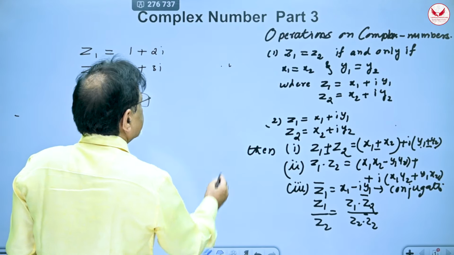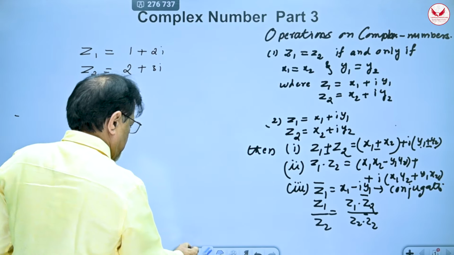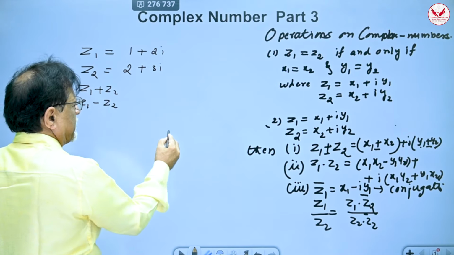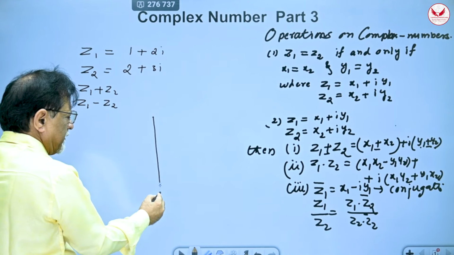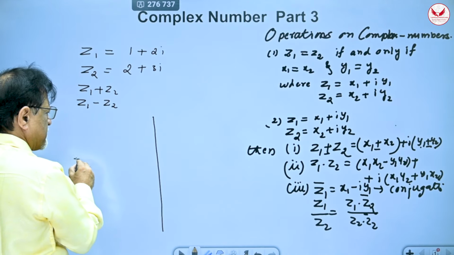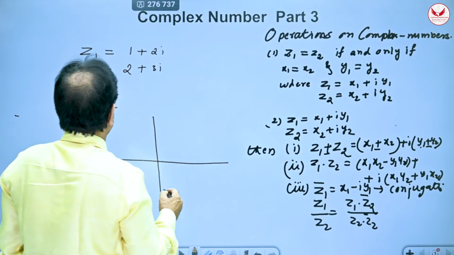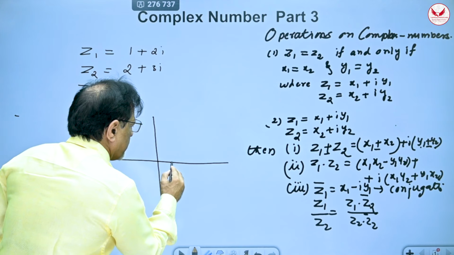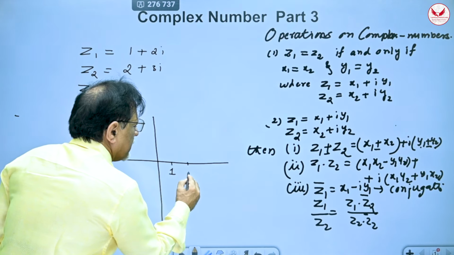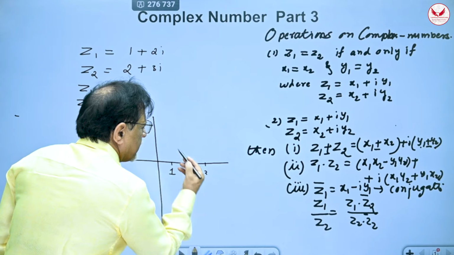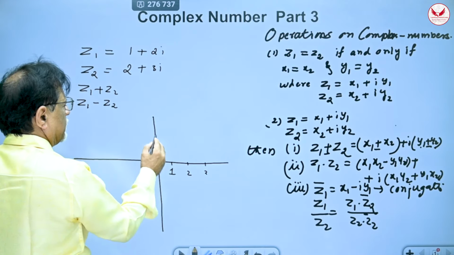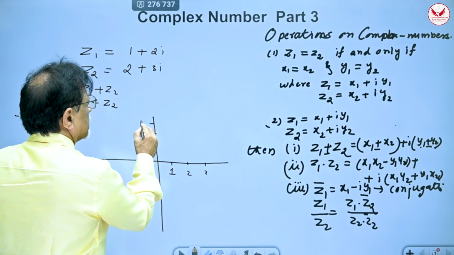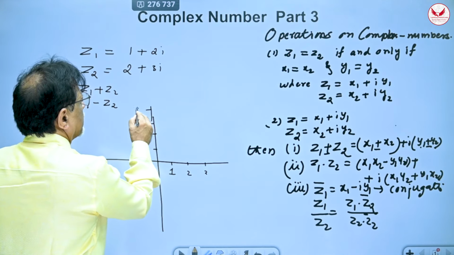So let us see. For that, first of all, I will have to draw the Argand plane, or complex plane as we call it. This is the imaginary axis. This is the real axis. My x coordinate does not go beyond 2, so I'll just draw 1 here, 2 here, and at the most 3 here. Here also at the most 3. So it is 1, then 2, then 3, and here it is 4.